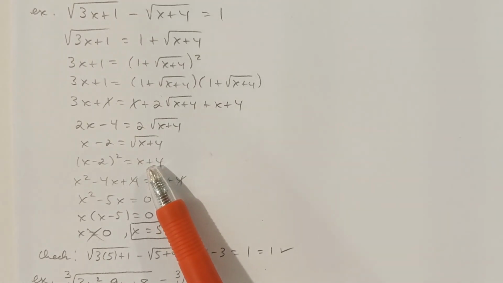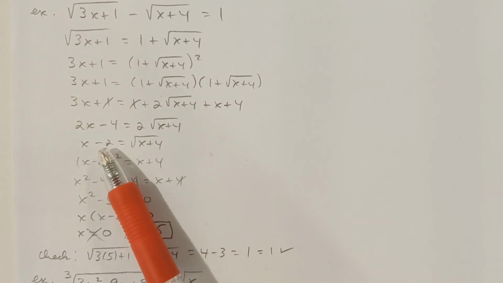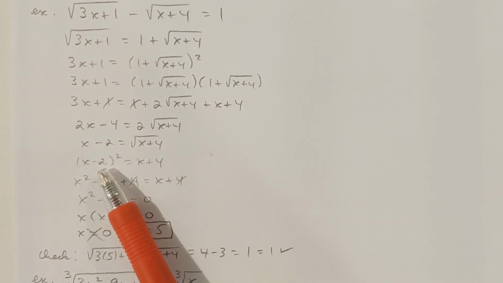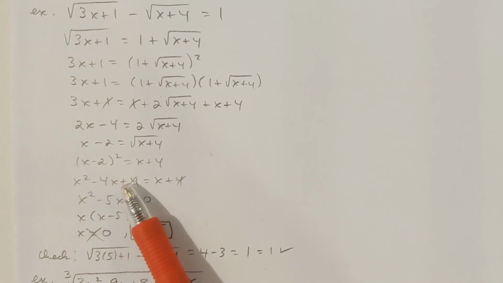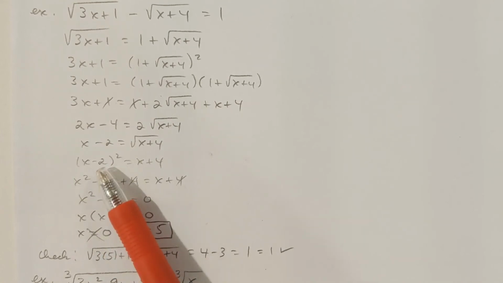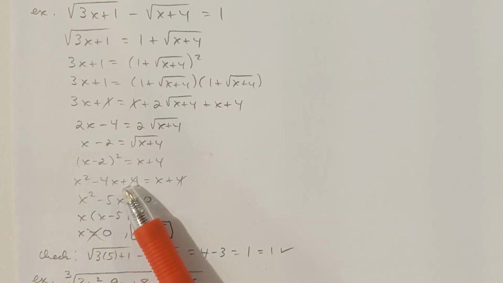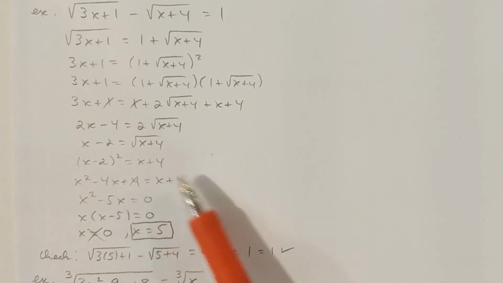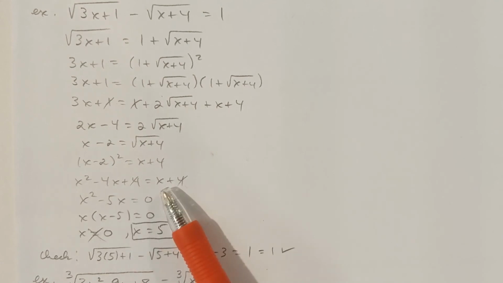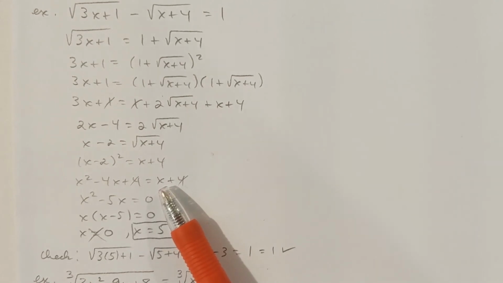So the square root of x plus 4 squared would be just x plus 4. And then, of course, you're squaring both sides here, so you'll want to FOIL out the left. When you FOIL out the left, x minus 2 times x minus 2 gives you x squared minus 4x plus 4. And now you'll notice that we no longer have any radicals, which is good. That's what we wanted.